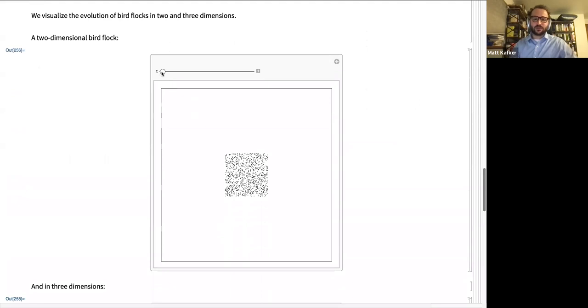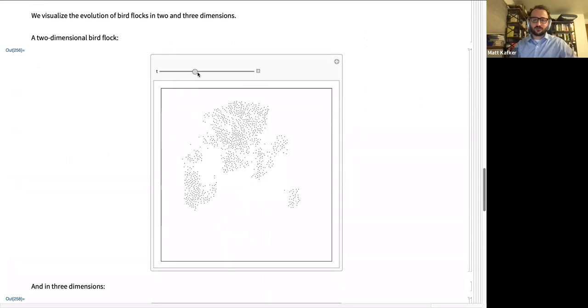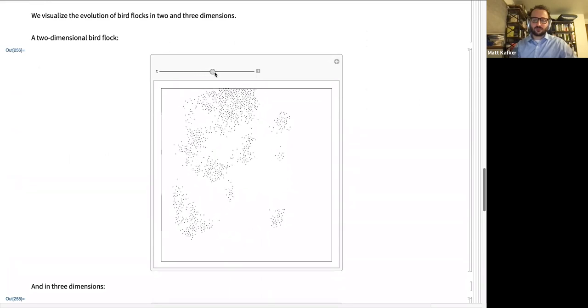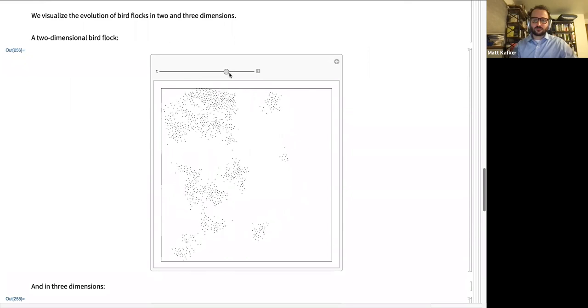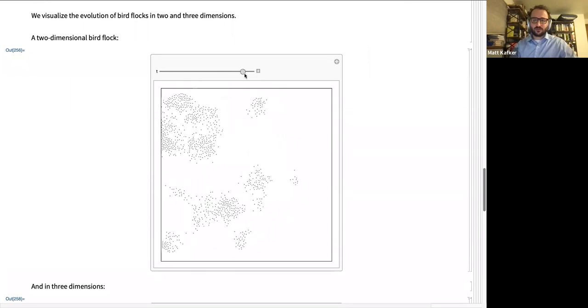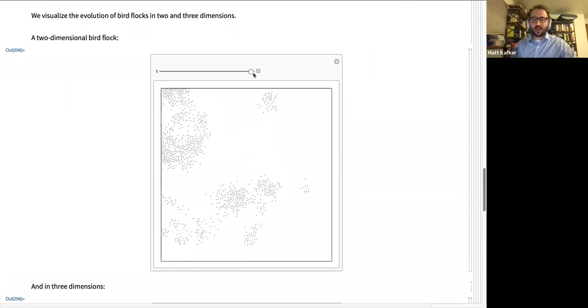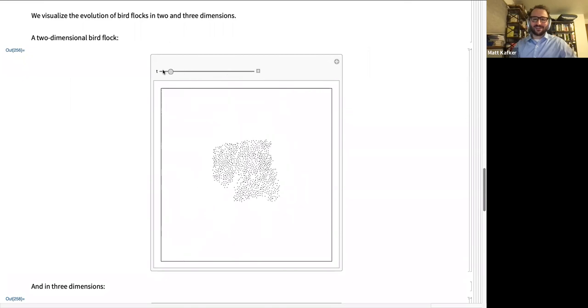So here's a two-dimensional bird flock. Okay, maybe if you squint a little bit, those might look like birds to you. I'm not going to go into the way that they do the data analysis on these things.